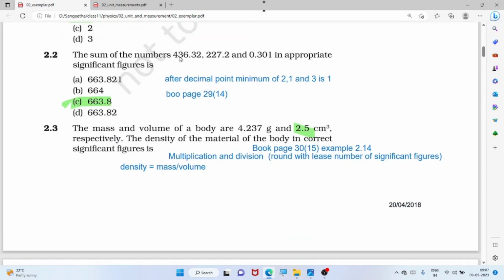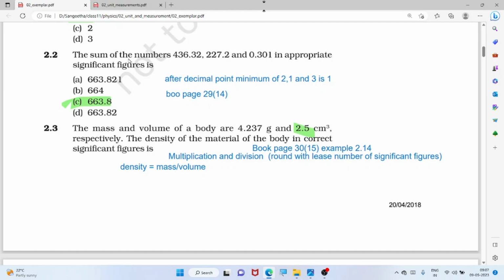The sum of the numbers should be in appropriate significance. This is for the addition rule. After the decimal point, how many digits are there? Among these 3, we have to take the minimum. After the decimal point, the minimum of these is 2, 1 and 3. So 1 is the minimum.